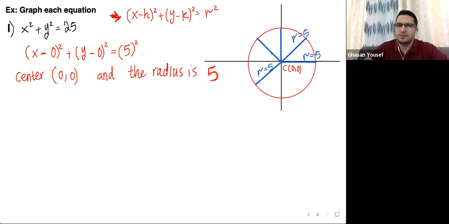So the radius is 5 and the center is 0, 0, the origin point. Any question for this one? Makes sense how we can graph?